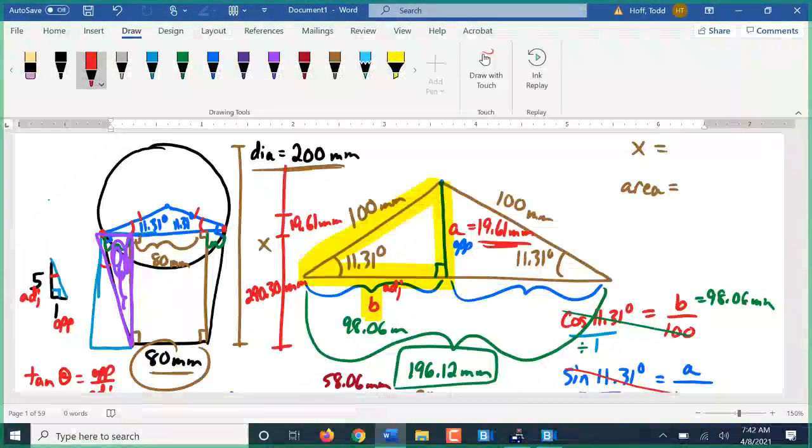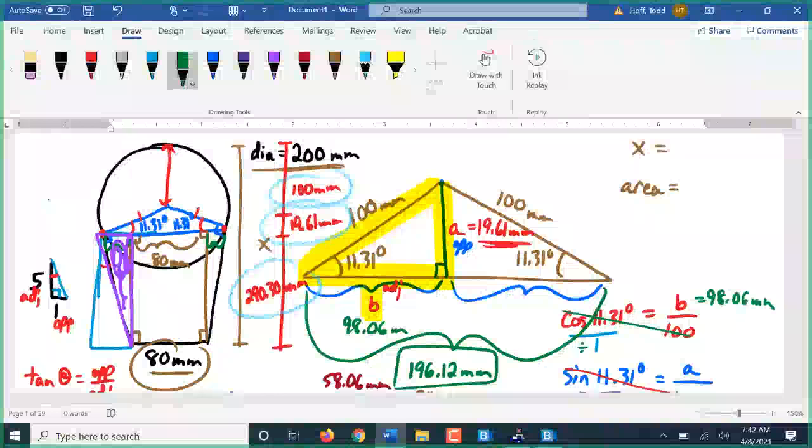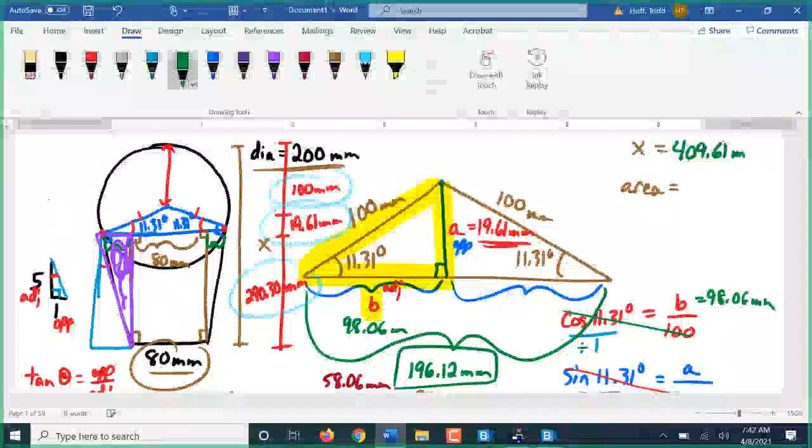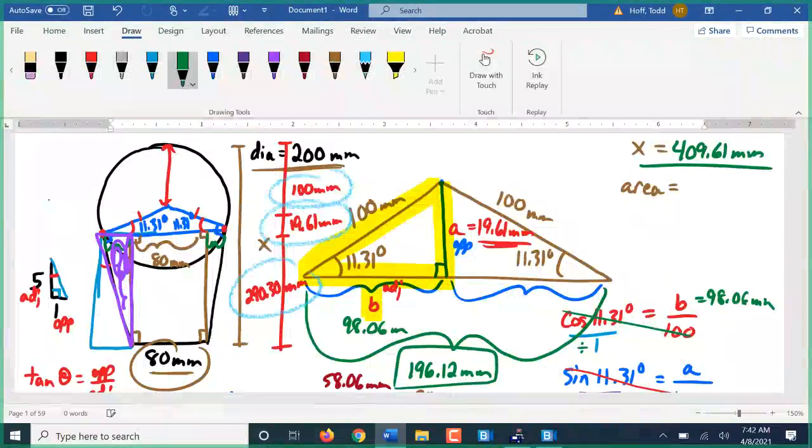And the rest of this up to the top is just this distance right here, a radius of the circle, which is 100 millimeters. I add those 3 dimensions up to get a total. What is that? 409.61 millimeters. My total. That's these 3. Yep. That's a mouthful.